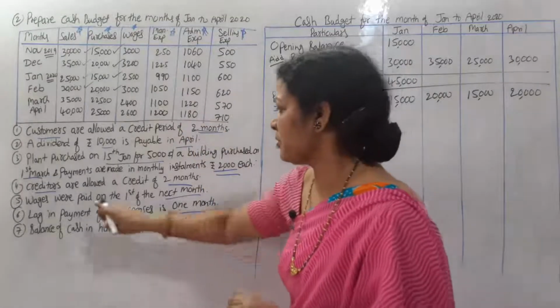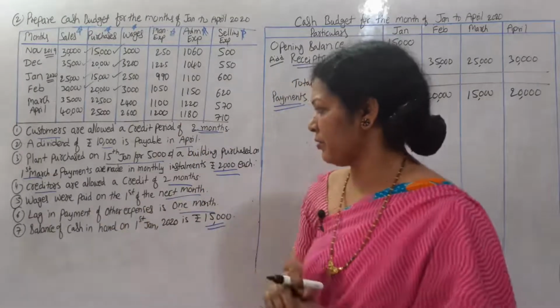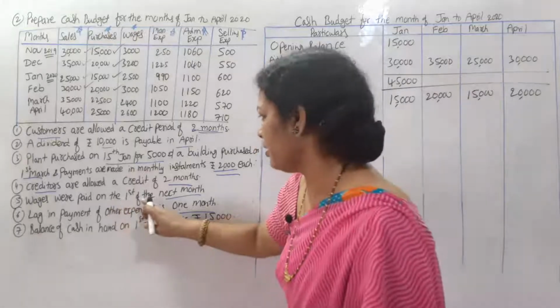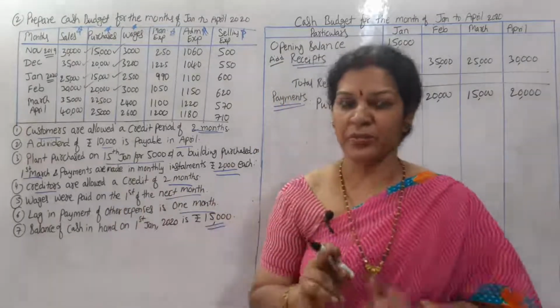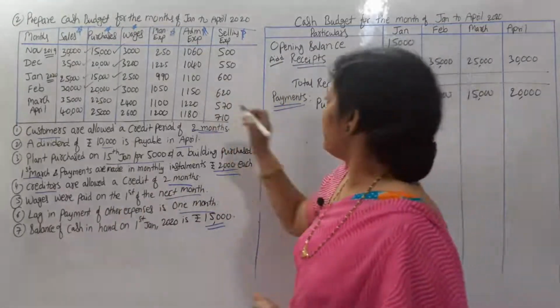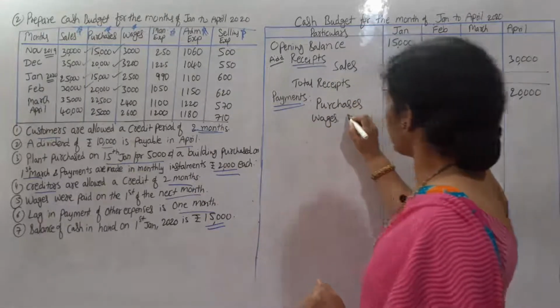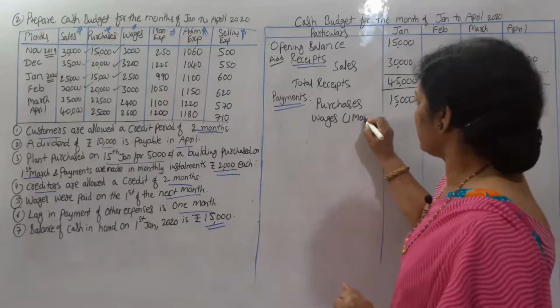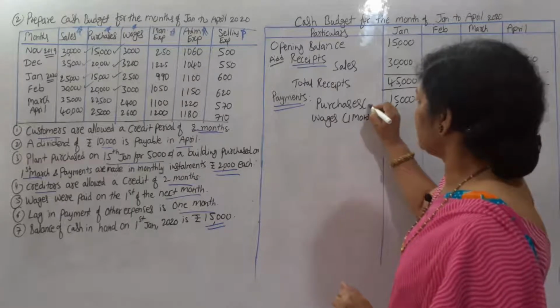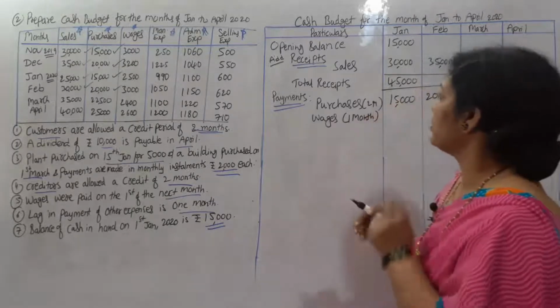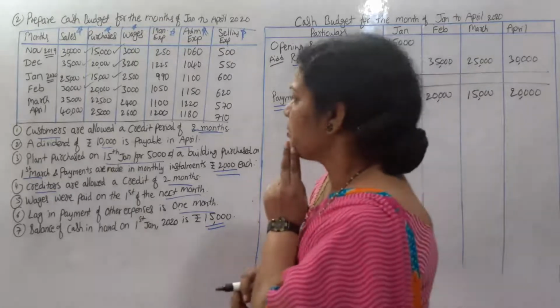Now wages. There is an adjustment. Wages were paid on the 1st of next month, which means there is a delay of 1 month. In brackets I'll write 1 month. Here it was 2 months, sales were also 2 months.